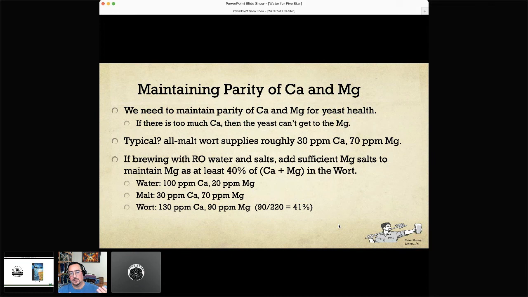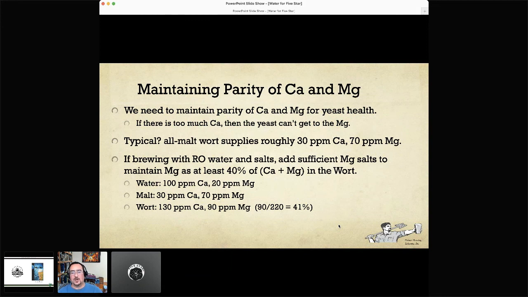And this is from, in the water. The malt typically supplies about 30 ppm of calcium and about 70 ppm of magnesium. And that's for a 10 Plato 1040 gravity wort, all malt wort.